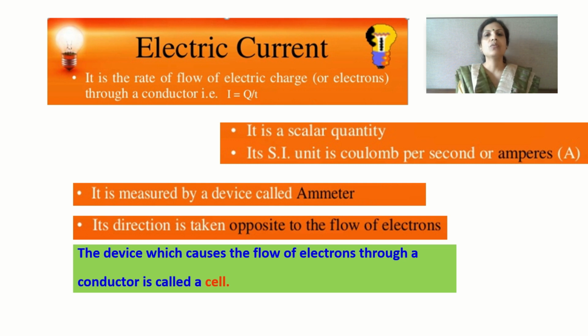So I is equal to coulomb per second, or coulomb upon second. So the SI unit of electric current can also be coulomb per second, and this coulomb per second is also called an ampere. So the SI unit of electric current is ampere, which is denoted by capital A.